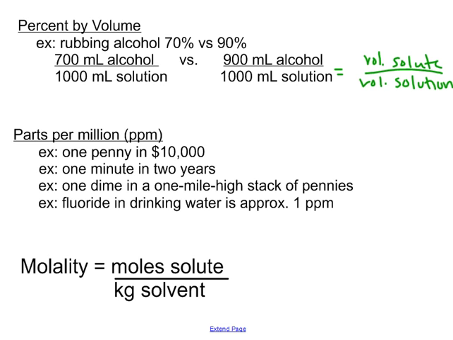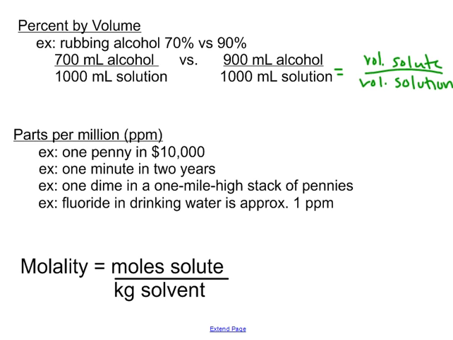Then there's another way to express concentration that you will sometimes see in chemistry classes called molality. We're going to just touch on it here, but we're not going to spend a whole lot of time on it in class. But molality is the moles of solute divided by the kilograms of solvent. And so this is different from molarity. Molarity is moles of solute divided by liters of solution.